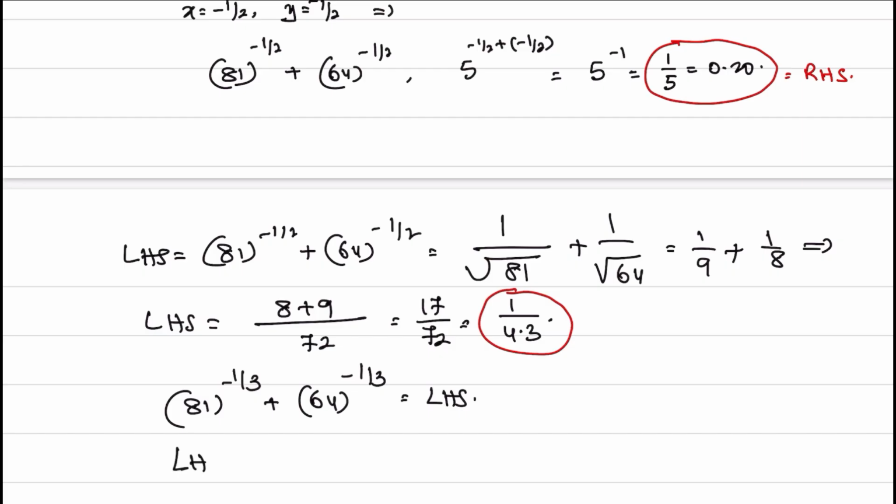Then what is the left hand side? 81 to the power of minus 1 by 3 is 1 by cube root of 81 plus 1 by cube root of 64. Cube root of 81 is, you can take an approximate value. Just see.